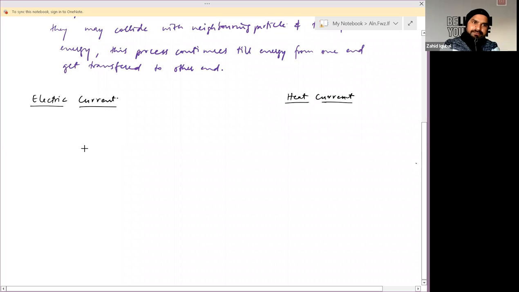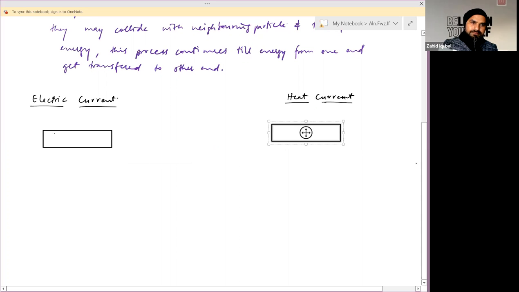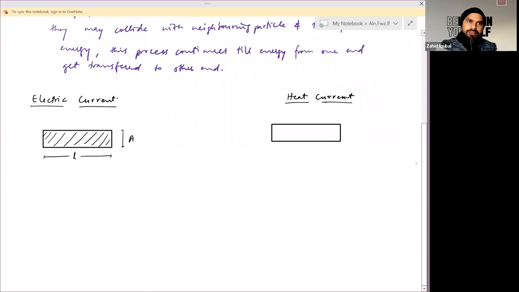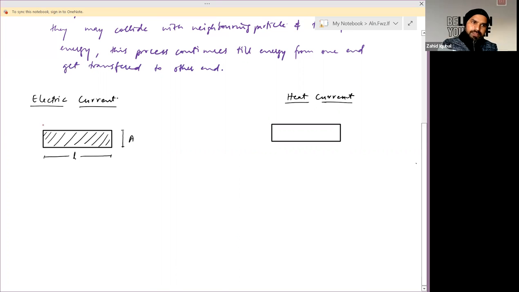Suppose you have any solid having area of cross section A and length of this particular conductor L. To flow electric current or charge through it, we must need some external agency to create potential difference across it.